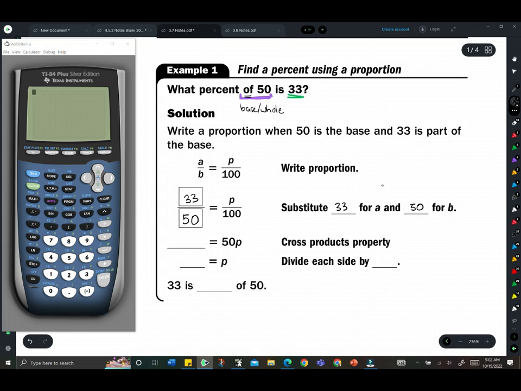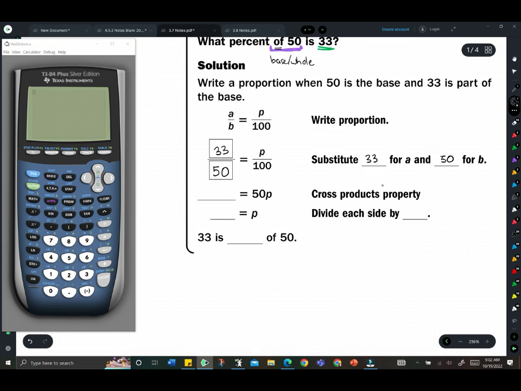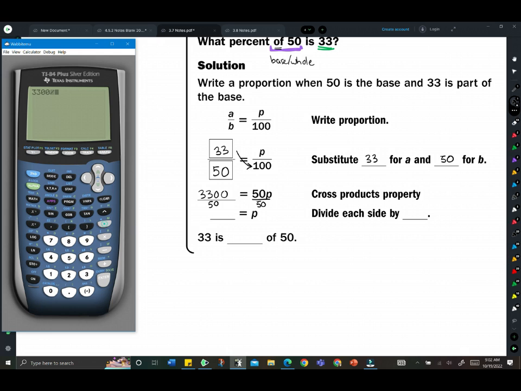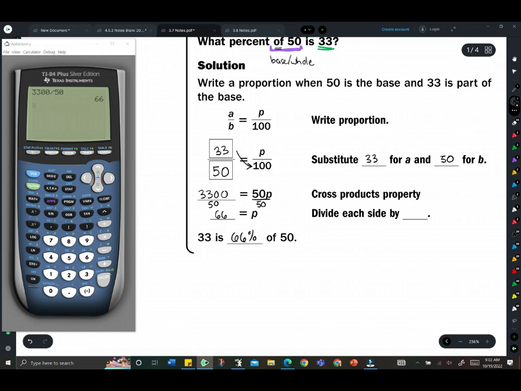Then we just have a cross multiplication problem. 33 times 100 is 3,300, equals 50 times P. Divide each side by 50, and 3,300 divided by 50 is 66, so P is 66. So 33 is 66% of 50. Remember, base has the word "of." Part is the other section.